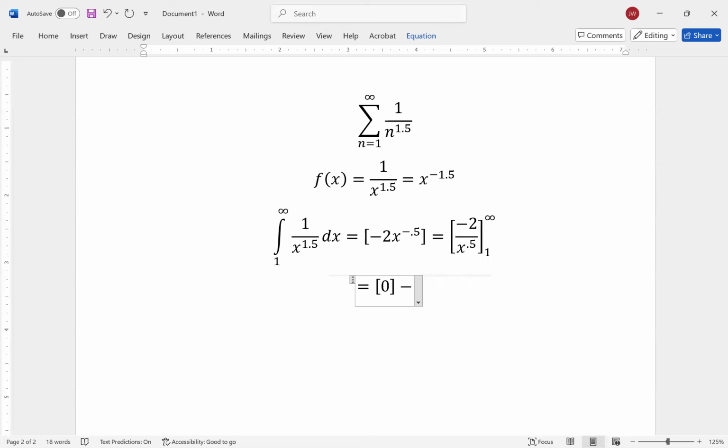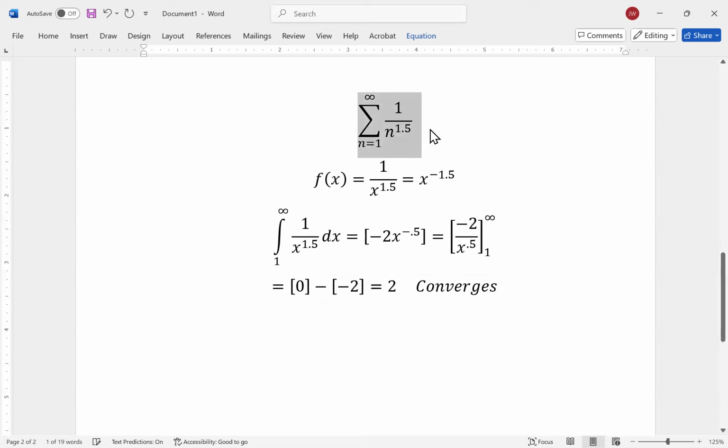And then when I plug in a 1, I get negative 2 over 1 to the 0.5, which is just a negative 2. So the integration converges. It converges specifically to 2. That means, based on the integral test, this infinite series also converges.